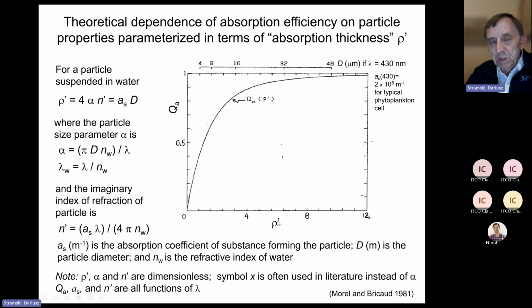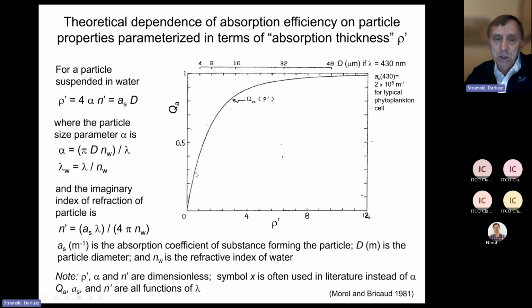So if rho prime is large, so either we increase the absorption of the particle, the substance is, let's say, loaded more and more with pigments, or the particle becomes larger and larger, and we fix the wavelength in this consideration, we are approaching efficiency of 1, meaning all light intercepted by the particle is being absorbed.